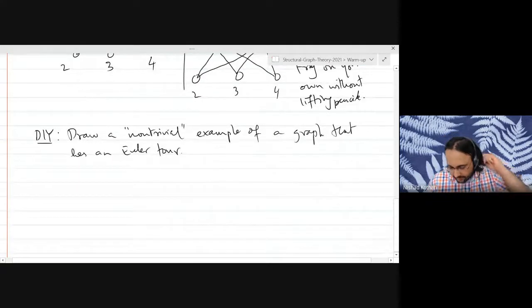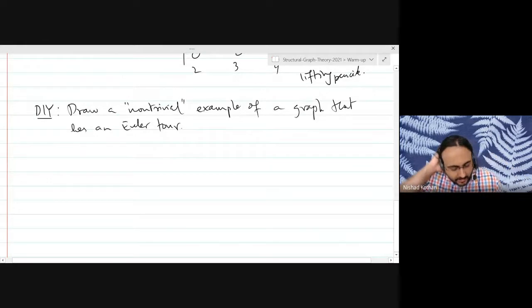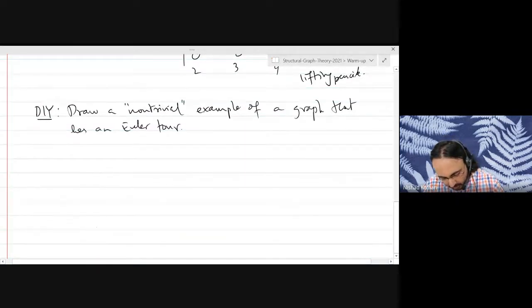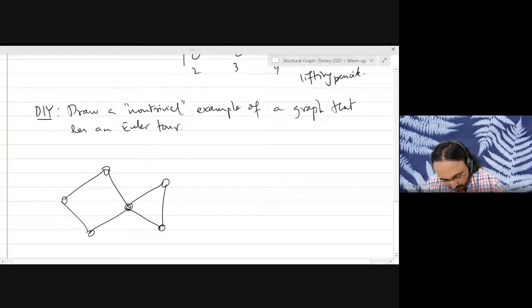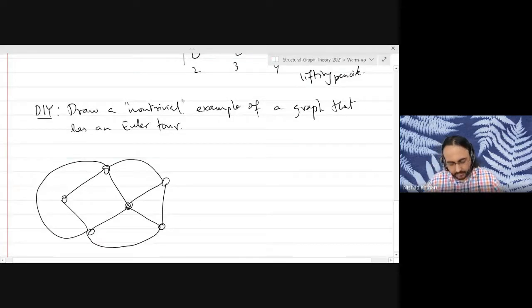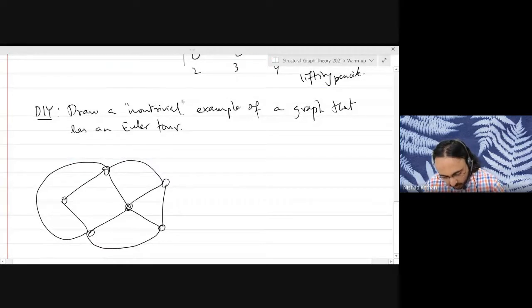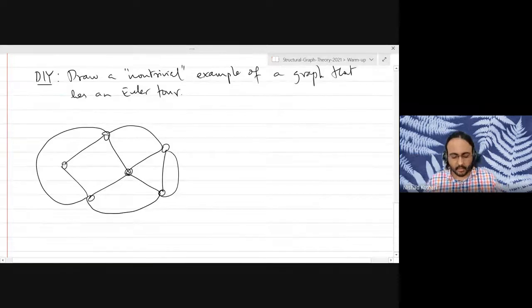So I gave some DIY and TIY, try it yourself. Let's draw a non-trivial example of a graph that has an Euler tour. Probably I've already drawn one. You can do something like this. And I can add one more edge like this. So we are dealing with graphs with multiple edges and loops.